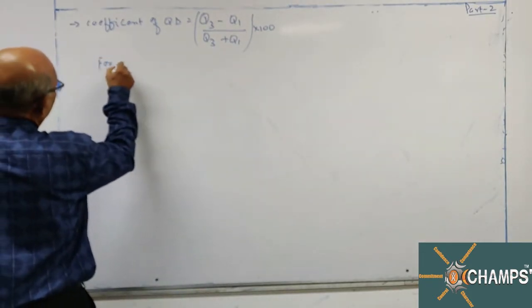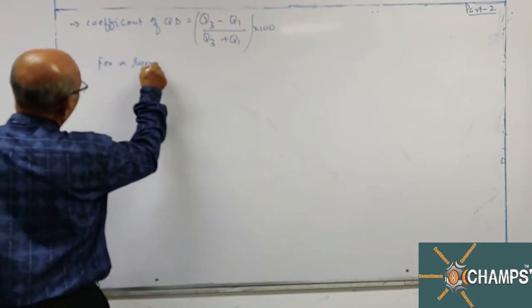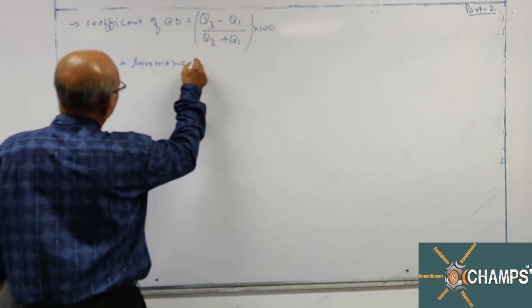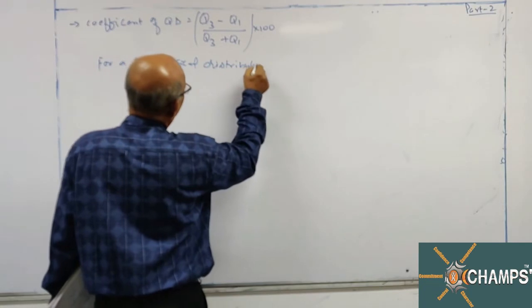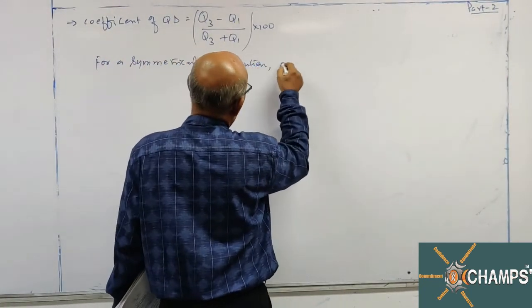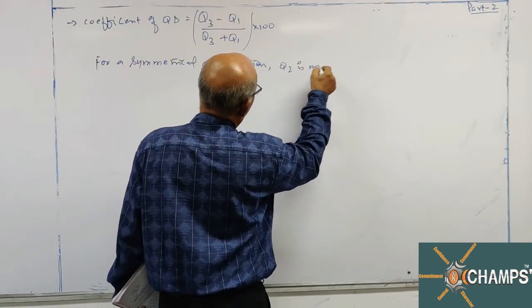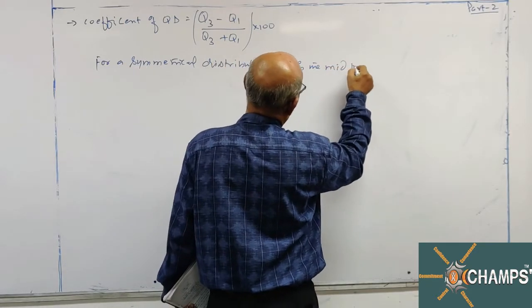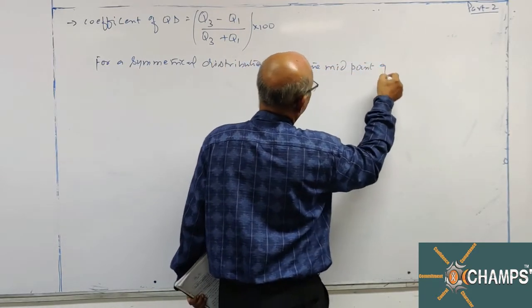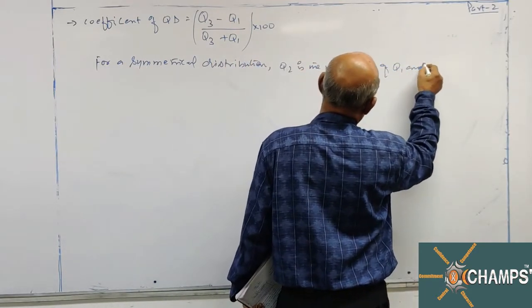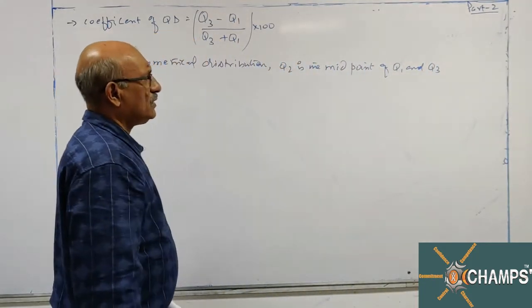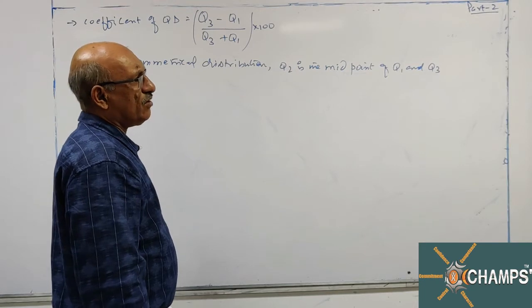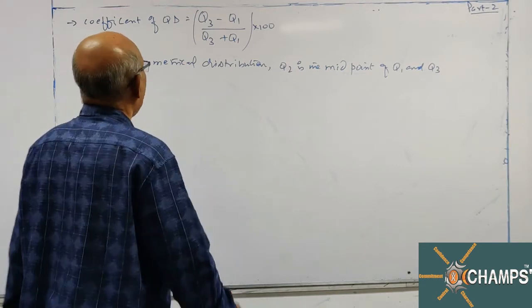For a symmetrical distribution, Q2 is the midpoint of Q1 and Q3.